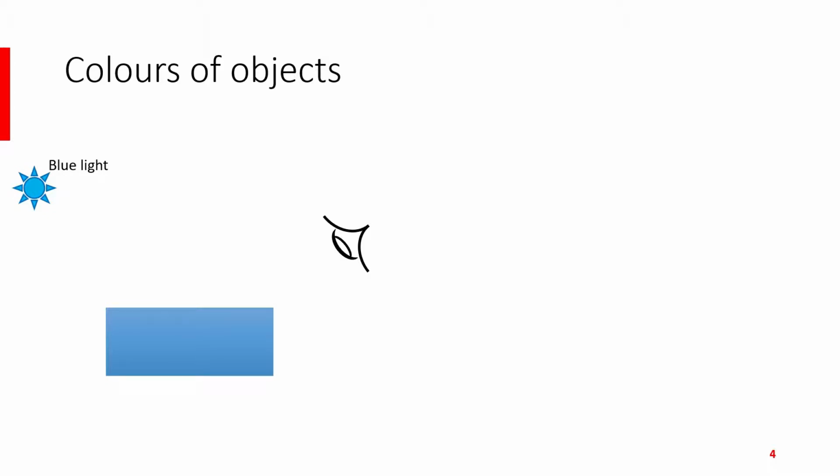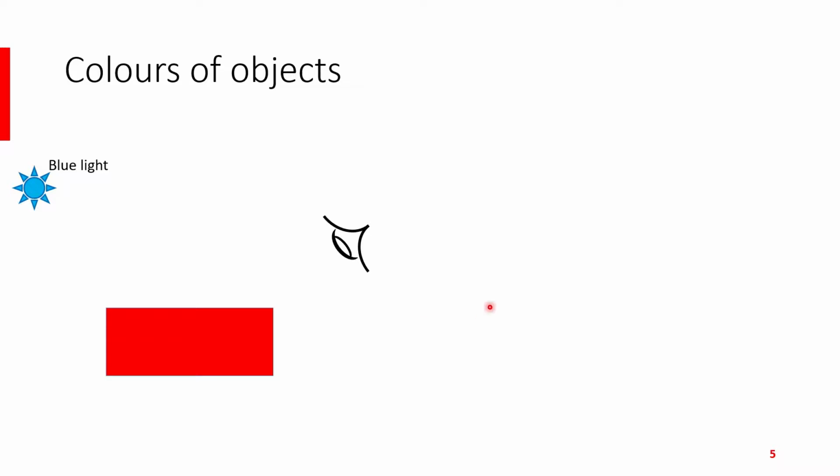Now let's consider we change our light source to a blue light source. Blue light hits the surface and gets reflected. So remember that blue surfaces reflect blue and absorb all the other colors. Now what if we have the same blue light and our object is red?